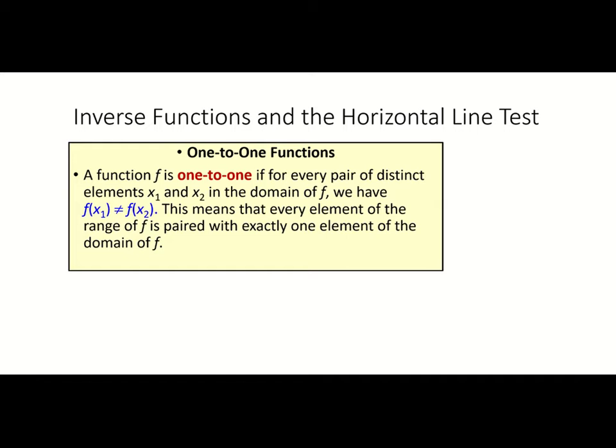But our function would not be one-to-one if that is the case. Instead, we would have 1 and 2 as our domain, and the range would be 3 and 4. So they have to have different ranges, different domains in order for your function to be one-to-one.